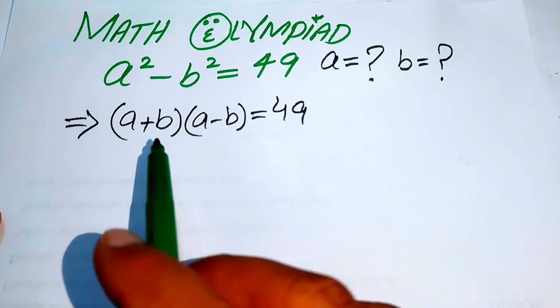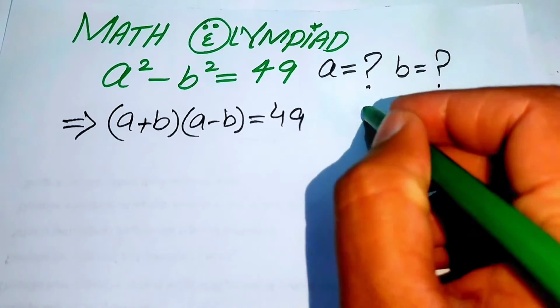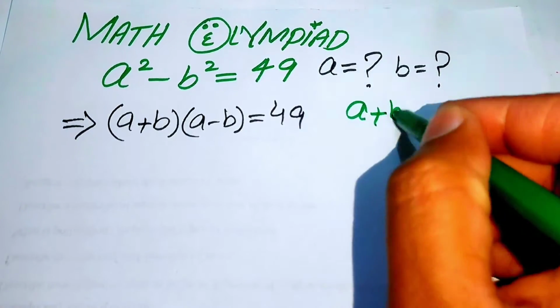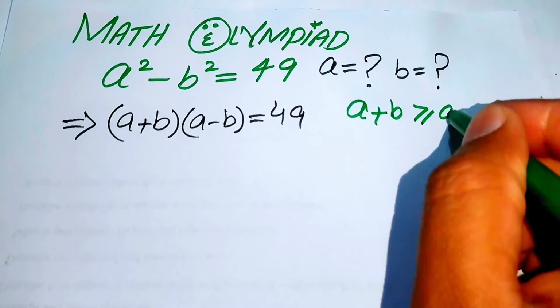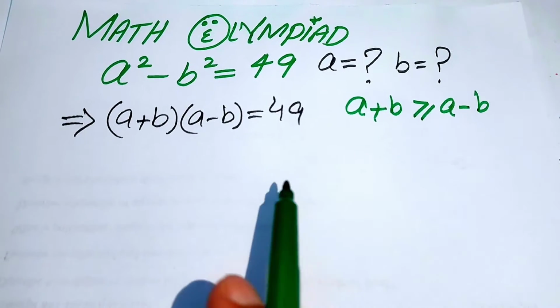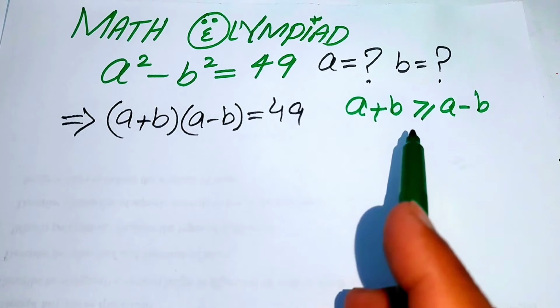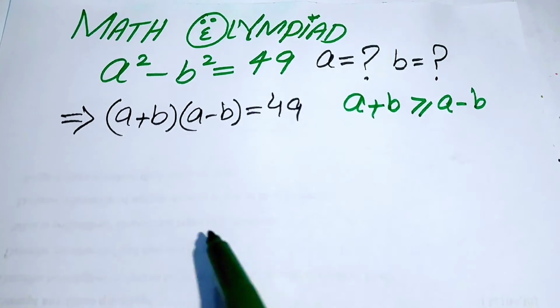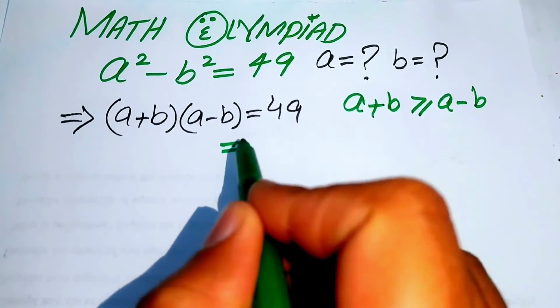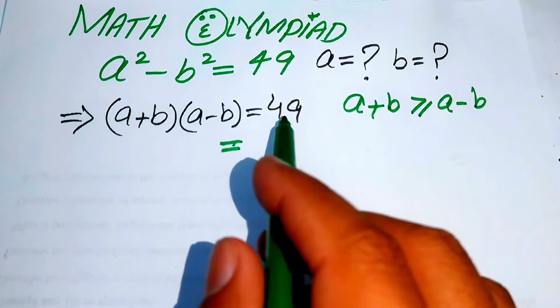First we compare these two factors, and you see that a plus b is always greater than or equal to a minus b. So now we make the factors of 49 which satisfy this condition. First we find the factors in which the product of two numbers equals 49.